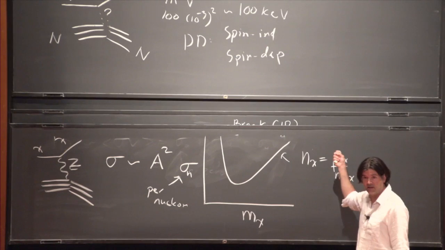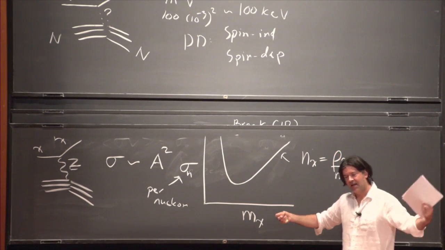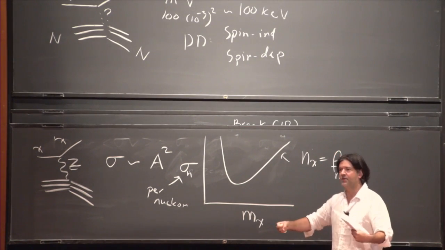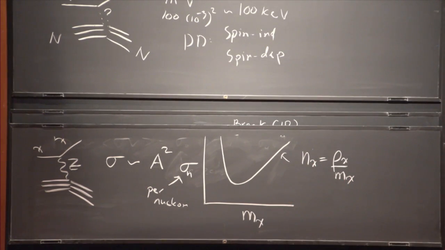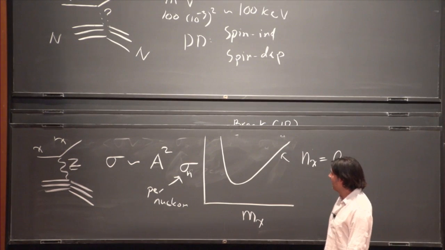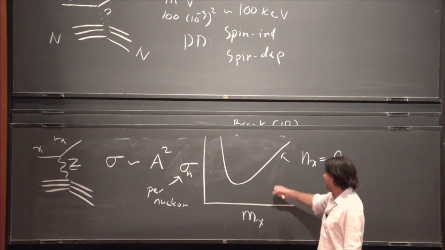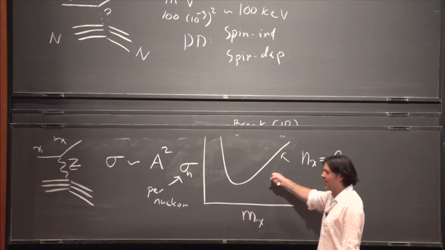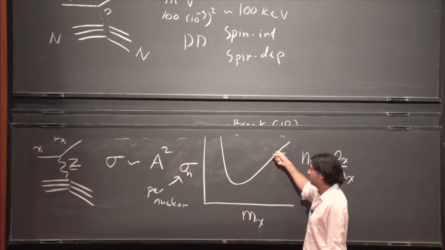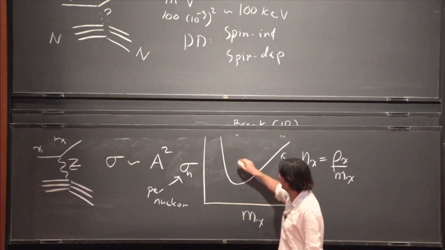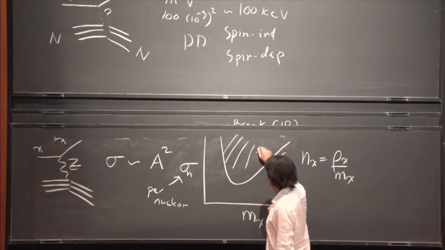It doesn't matter if a nucleus is bouncing off of a bowling ball or off of a freighter. It's bouncing off of something infinitely heavier than it. So at that point, nothing matters except for how many dark matter particles there are. As you increase the mass, there are fewer and fewer particles, so the limit gets weaker and weaker. And I should have said this is the excluded region.